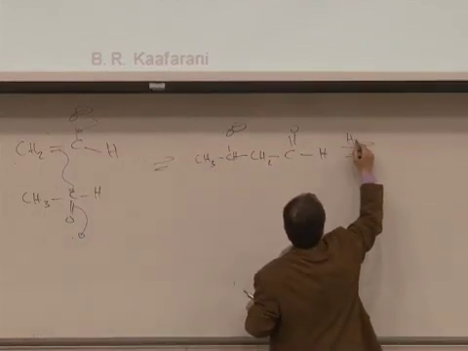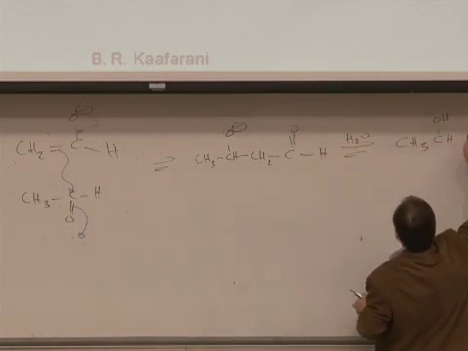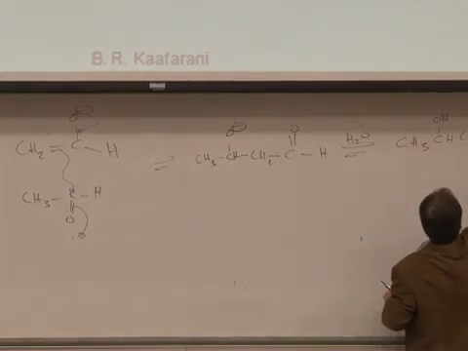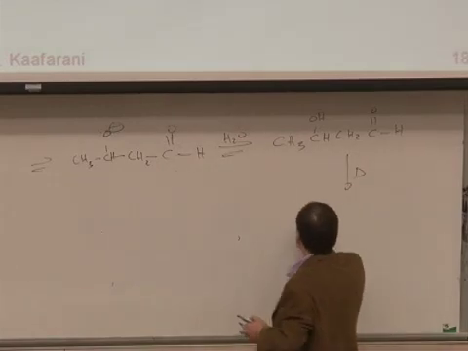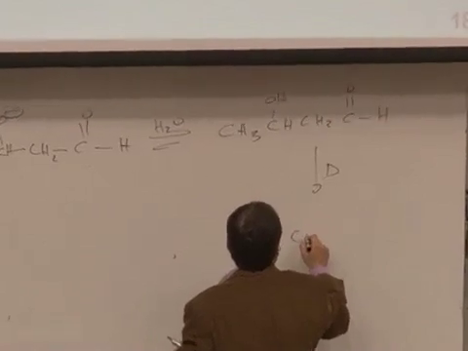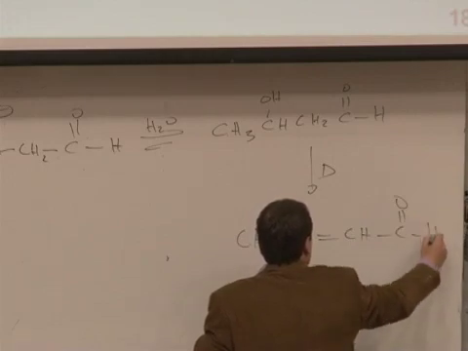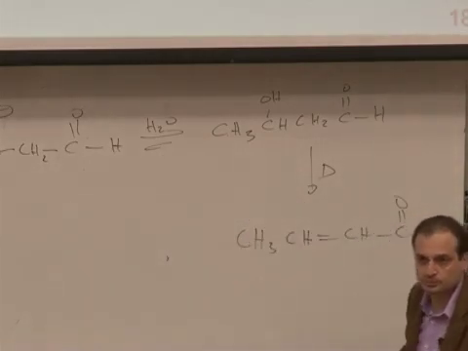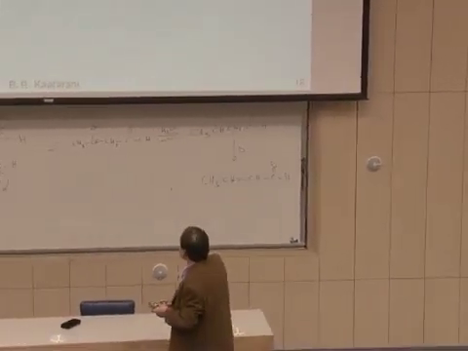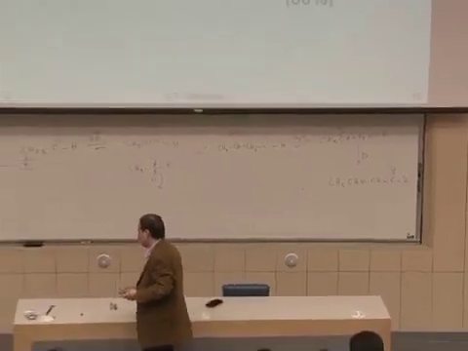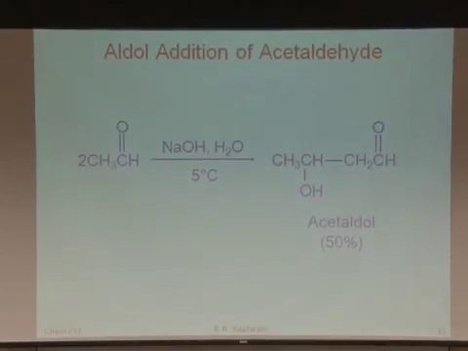And then in the presence of water, I am going to get CH3, CH, OH, CH2, C, double bond O, H. Heat it up, you will form the elimination product. CH3, CH, double bond, CH, C, double bond O, H. So that will be the elimination product of the acetaldol. Another example. So this is at 5 degrees, at low temperature.